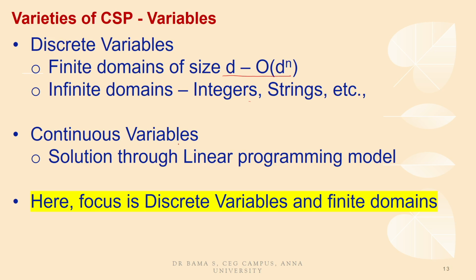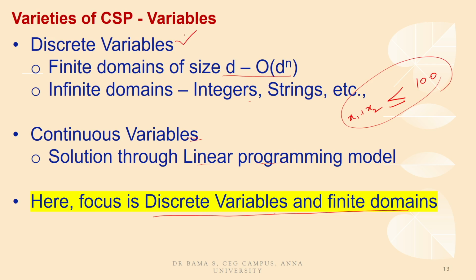The other portion is the continuous variable, which would be in the form of, say, x1 plus x2 should be less than or equal to 100, something like this. To solve continuous variables, we will be using a linear programming model, but for this course, and whatever we do today and for the next session probably, we will focus only on discrete variables with finite domains.